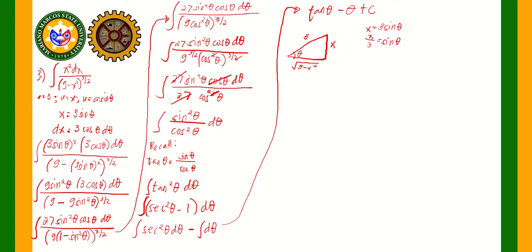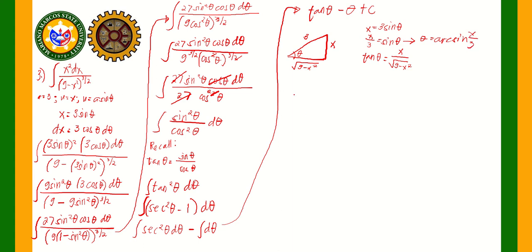Okay? But since we have tangent here, let's get the value of our tangent theta. So our tangent theta will be opposite over adjacent. So this will be x over the square root of 9 minus x squared. And since we also have theta here, we are going to get the value of theta, that is equal to arc sine x over 3.